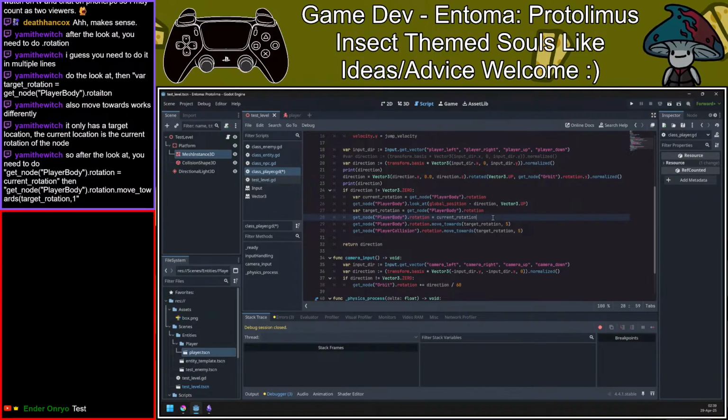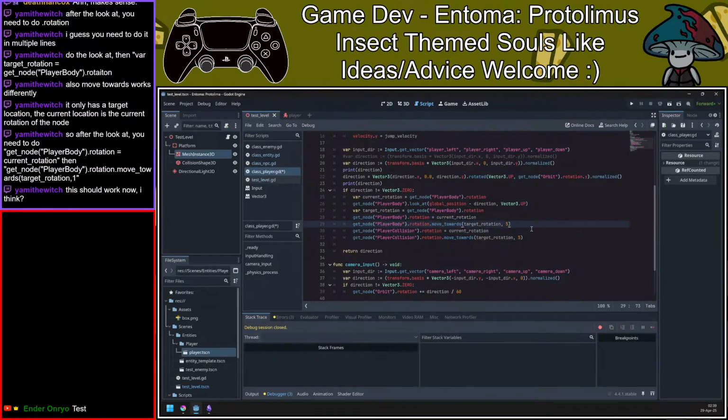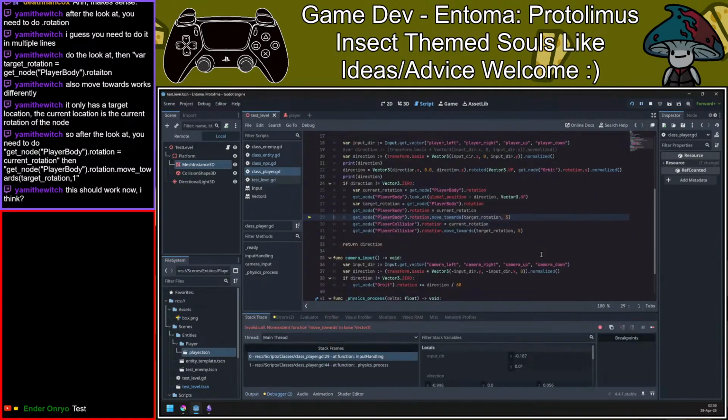Rotation dot move towards. Non-existent. Move towards doesn't exist apparently.